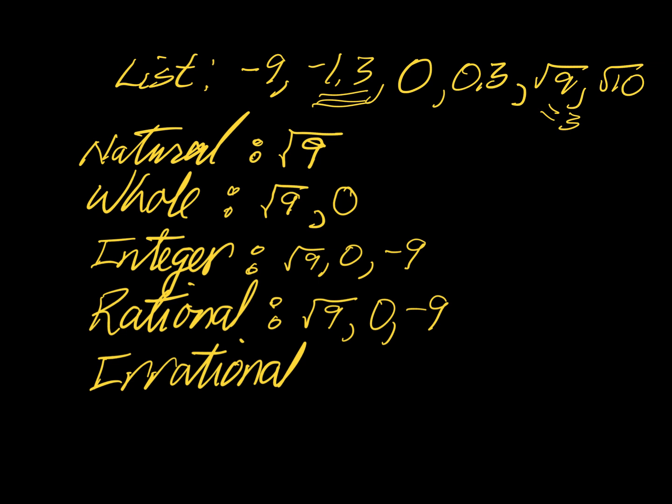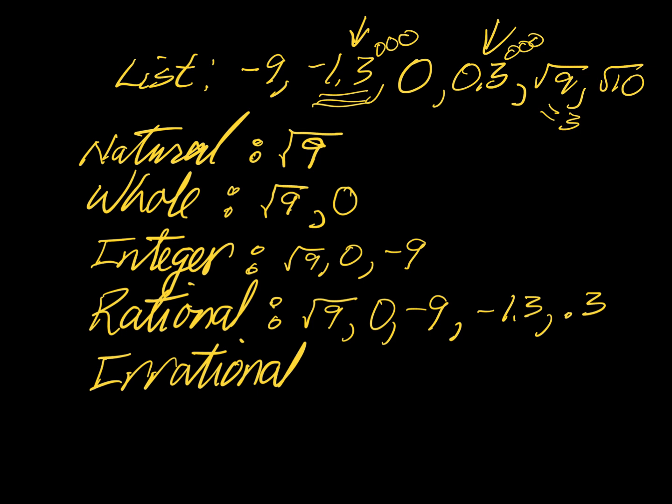But then we want to look for decimal representations for rational numbers that repeat. And so what I see is I see this -1.3 and 0.3. Now these will repeat zeros after, so they repeat forever. So I know they're also going to be rational. So I'd put -1.3 and 0.3.